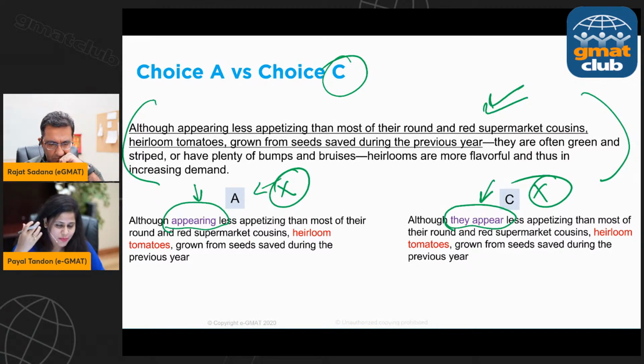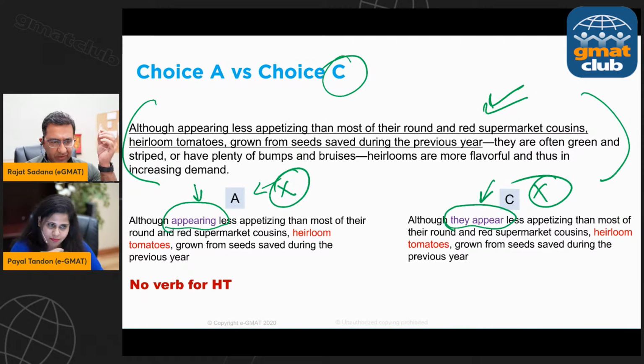That's the power of spending those extra seconds on the original sentence, focusing 60% of your time on the original sentence. Another way to say that is that if you chose choice C, you essentially did not reject choice A for the right reason, because choice C has the exact same error that choice A has. Exactly.